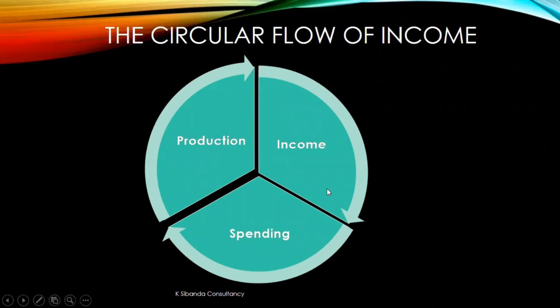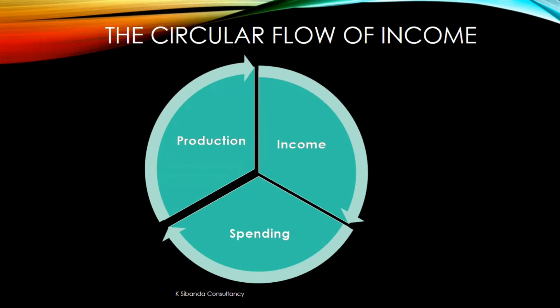So I've mentioned the government sector, the financial sector, and the foreign sector. They all have some interlinks with these three main flows of income. So I don't want us to be confused. If a question is asking about the main flows of income, it's these three.